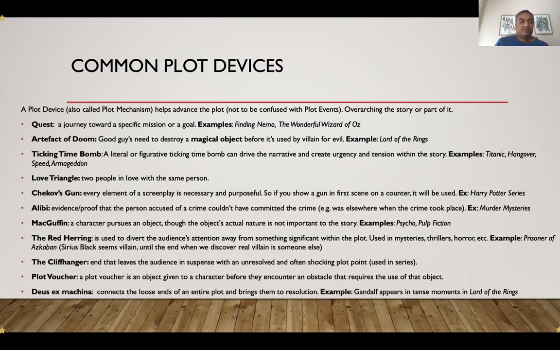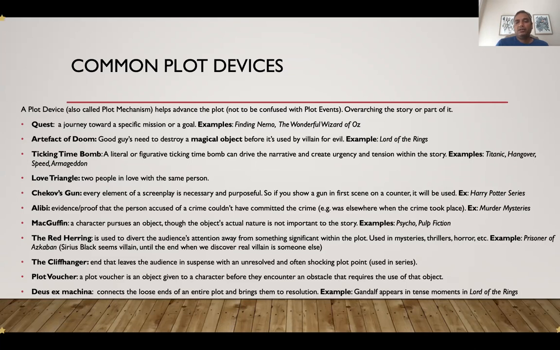The next one is Chekhov's gun. This one literally comes from Chekhov, who said that if you show a gun in the first scene, then you have to use that gun later on in that work. So if it's a movie, and you show a gun in the first or second scene, somewhere later on that gun will be used on somebody, right?